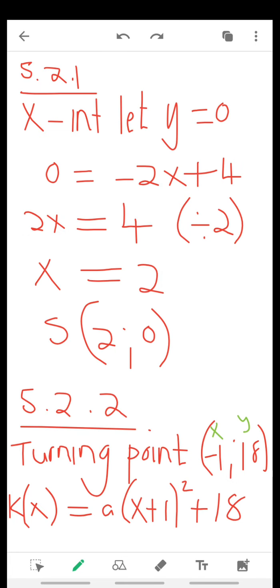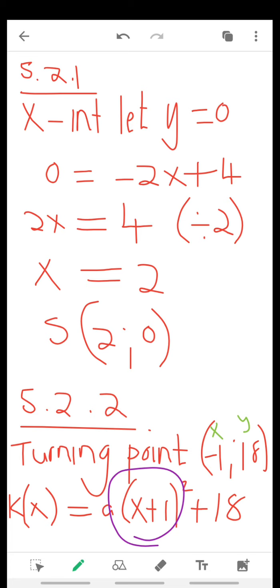Turning point form requires you to have a turning point. I have a turning point which is (minus 1; 18). Then k of x equals a. Take note, as a coordinate x was minus 1, but when you write it in here, you must write it in reverse, such that you imagine yourself solving for x.